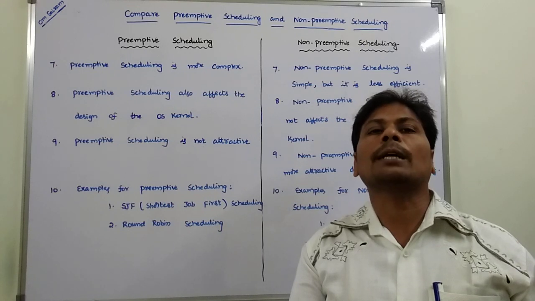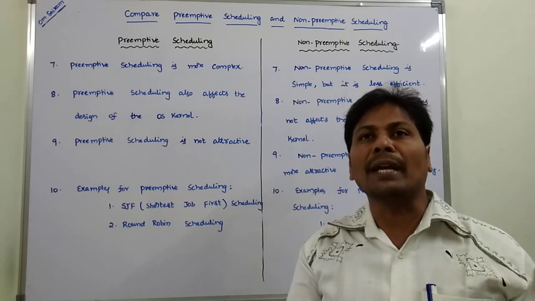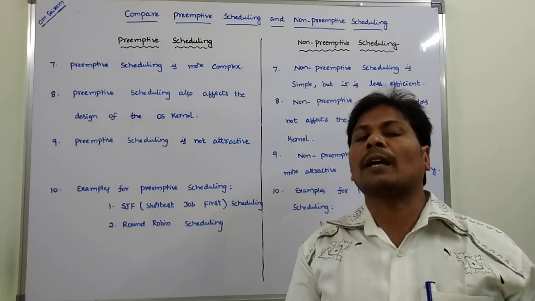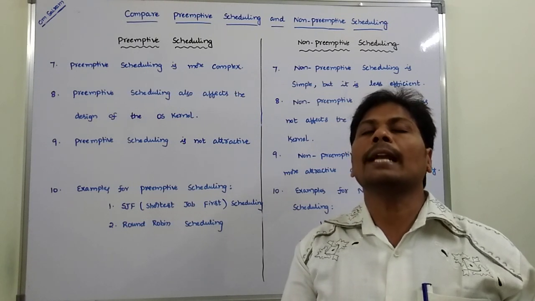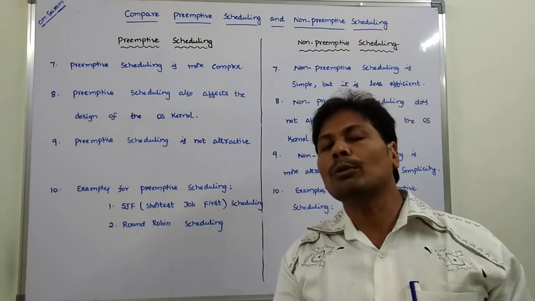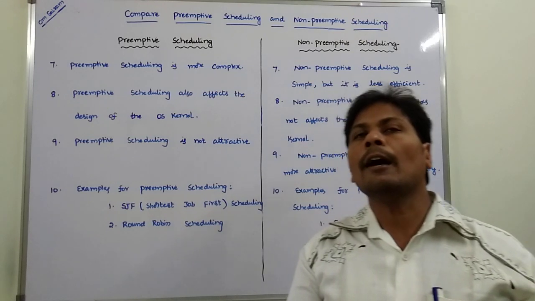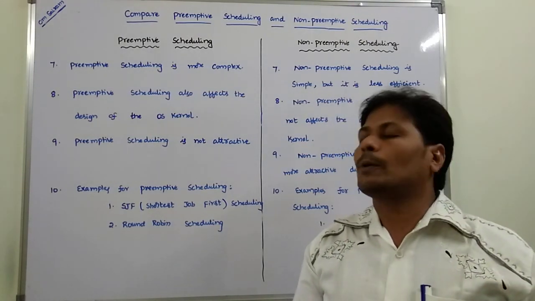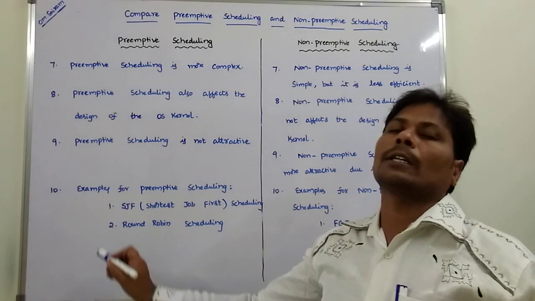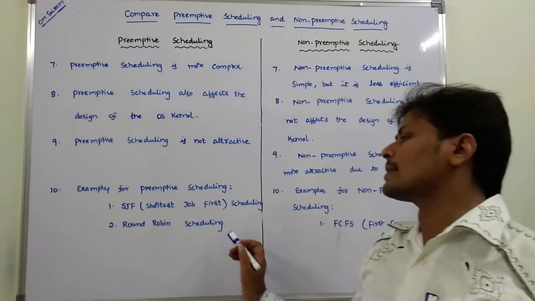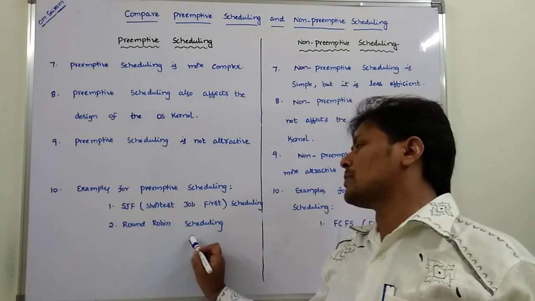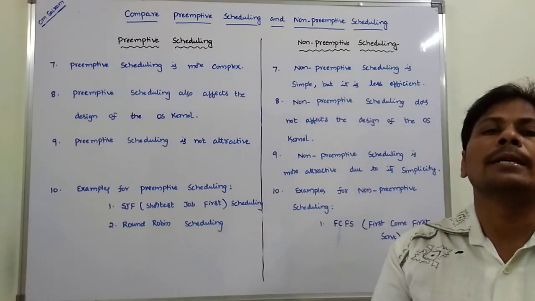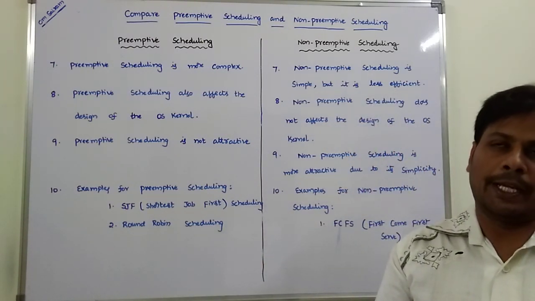After the time quantum, the CPU is immediately released from the executing process, and then it can be allocated to another process for the fixed time quantum. This is done in a round fashion, so this type of scheduling is called round robin scheduling.